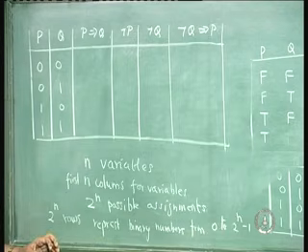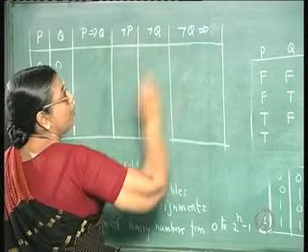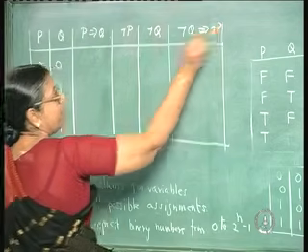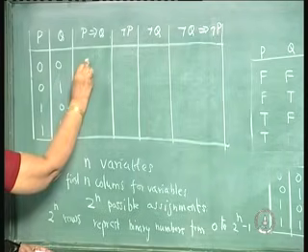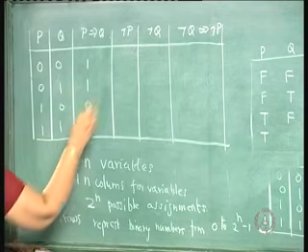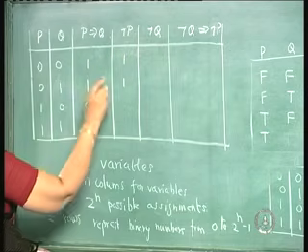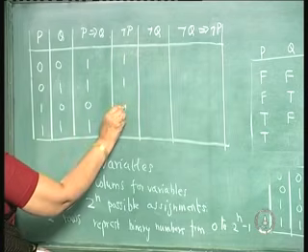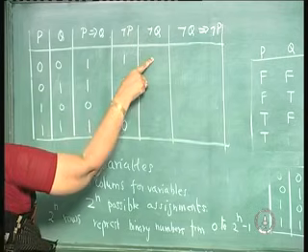Now, coming to this: not Q implies not P is the contrapositive. P implies Q is true here, it is false here. What about not P? Not P will be true if P is false, it will be false when P is true. What about not Q?